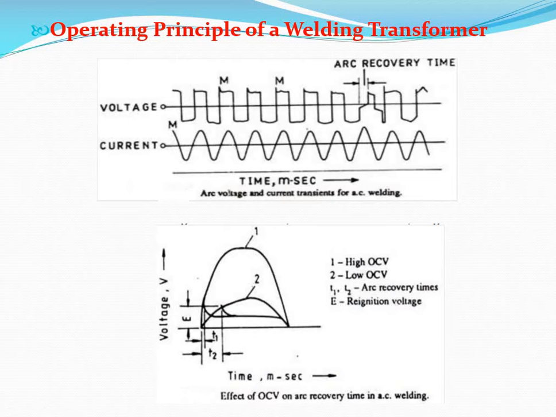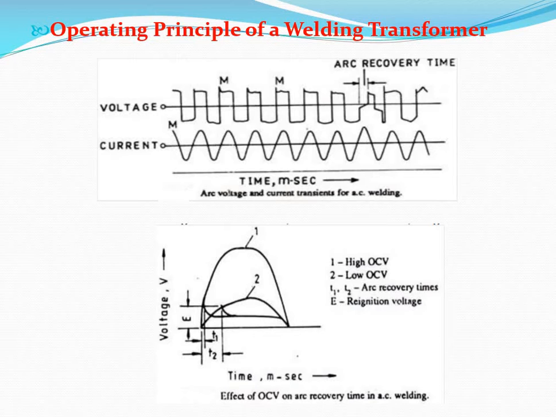This arc recovery time should be as short as possible, because otherwise the arc may not reignite and sustain. Now in the figure below we can see two voltage curves, 1 and 2, and two times, T1 and T2, for these two welding power sources. Voltage curve 2 has a lower peak compared to voltage curve 1.